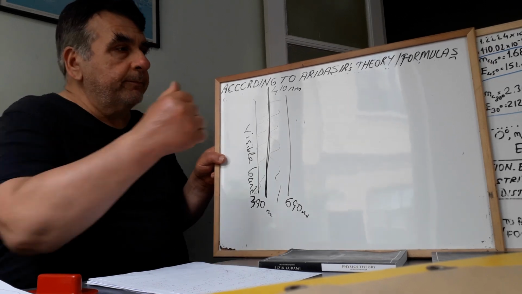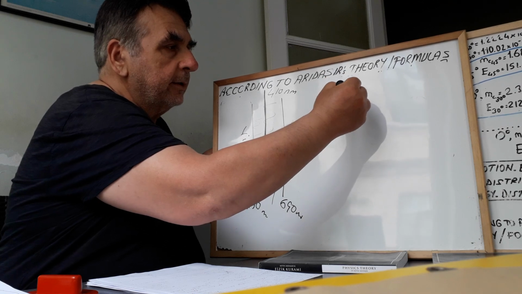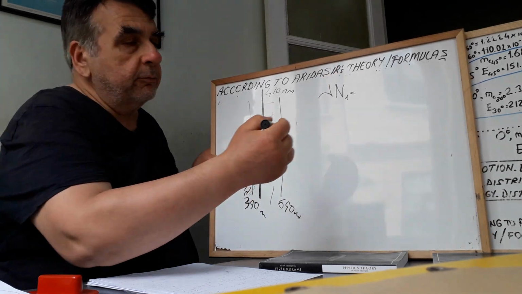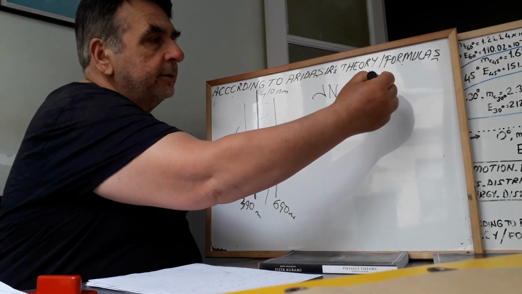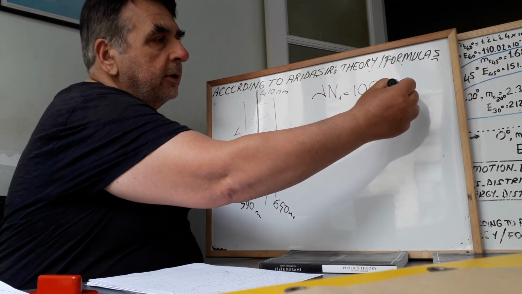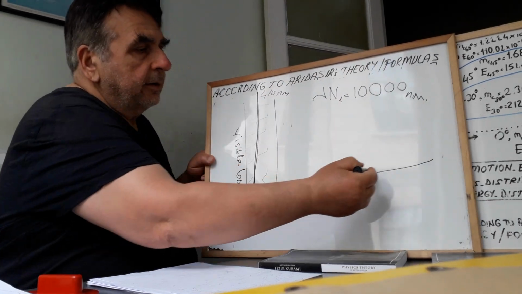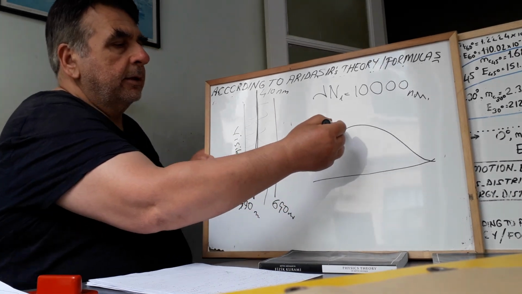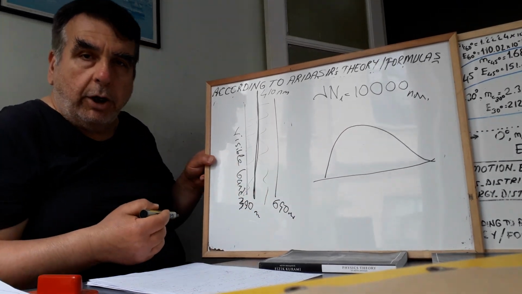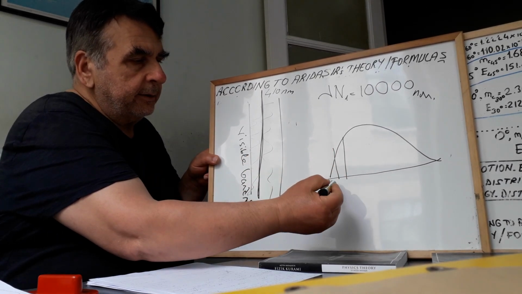Now think of lambda normal 1 electron motion form, 10,000 nanometer wavelength size, and think of it is in motion and it will involve this visible band.